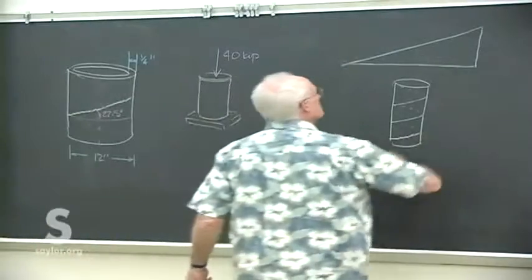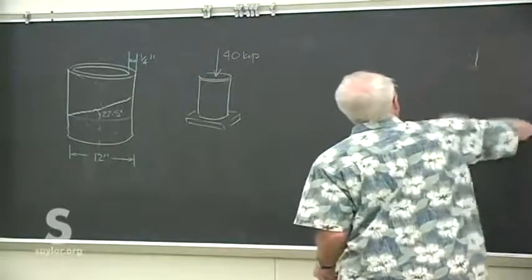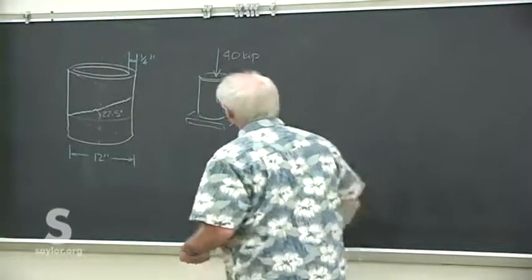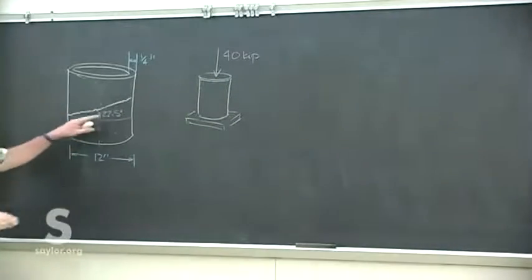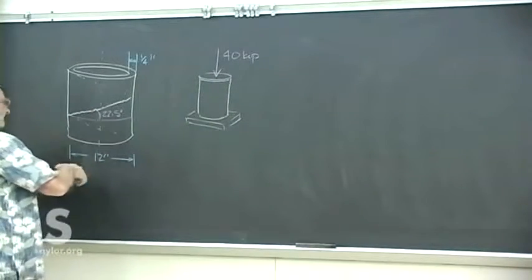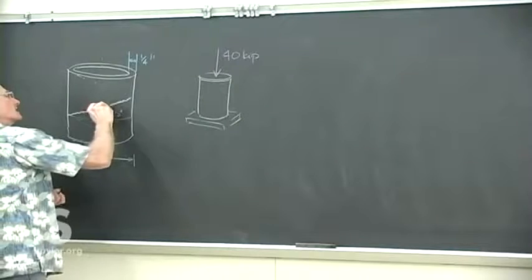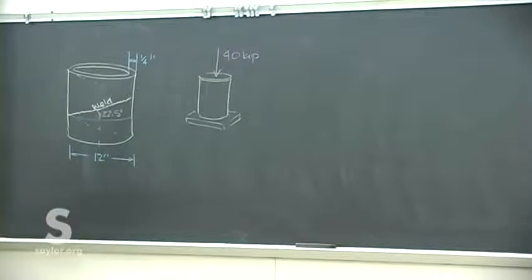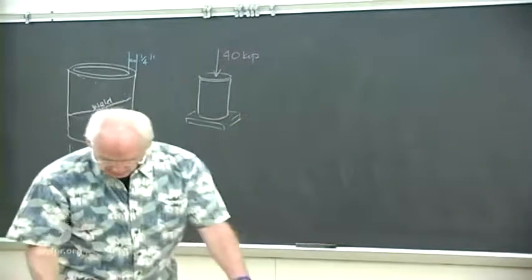So we need to calculate what the stresses are going to be and then look at them at this 22-degree direction to make sure the weld's going to be strong enough to hold.